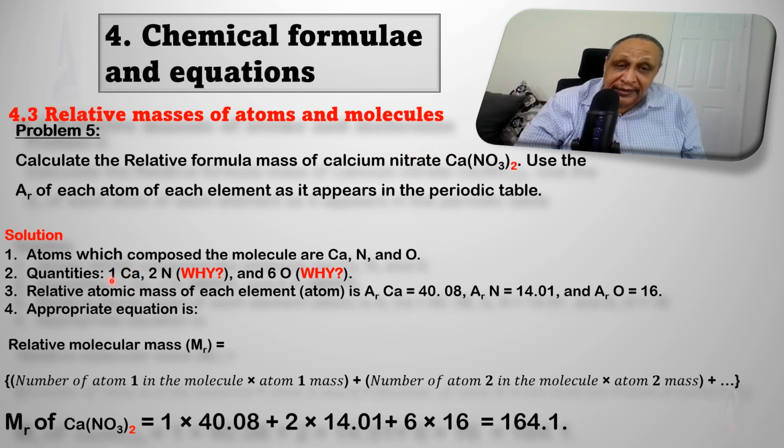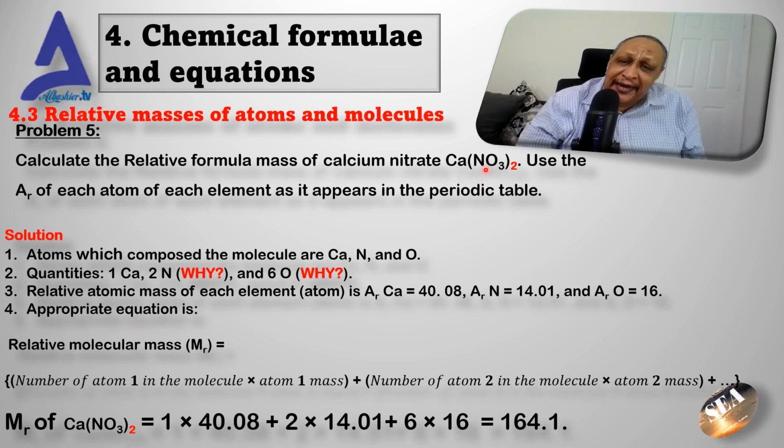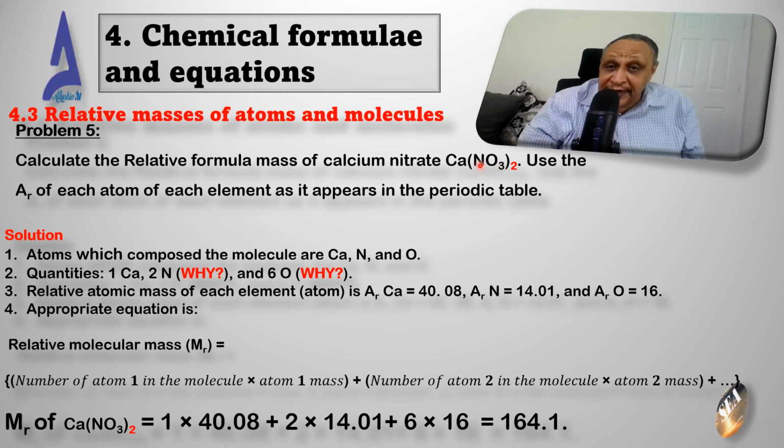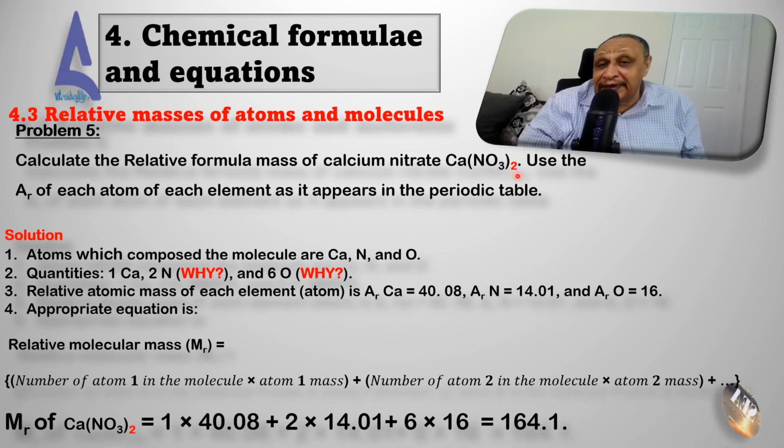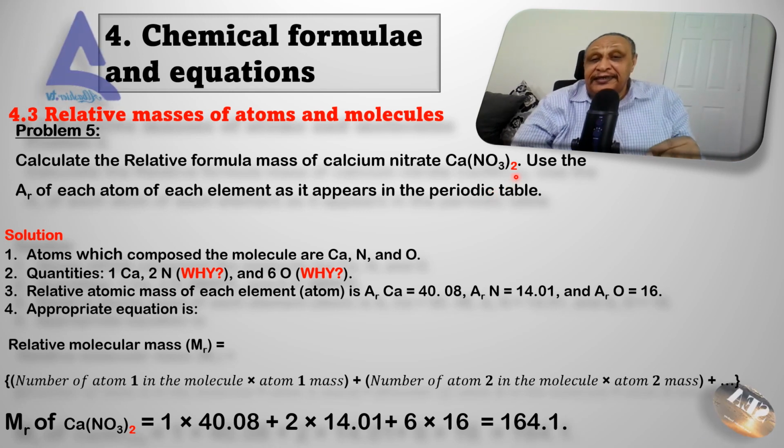So 1 calcium. I have N. Is it 1? No. This group, which is NO3, the nitrate group, is actually multiplied by 2 because there is a parenthesis here. That means it is not calcium NO3, it is calcium NO3 NO3.